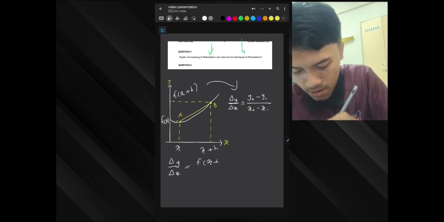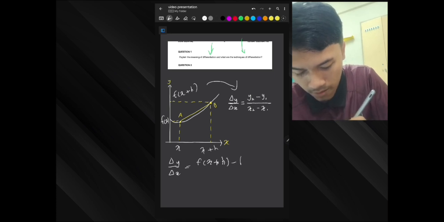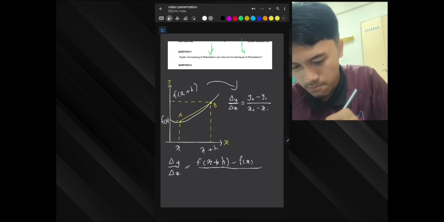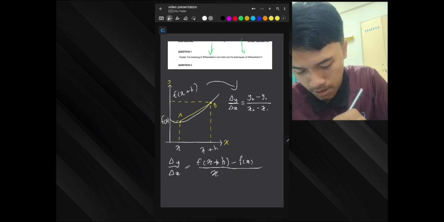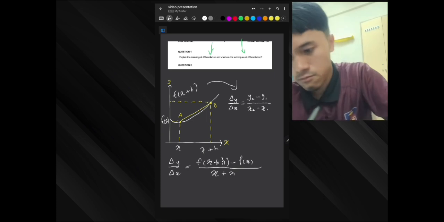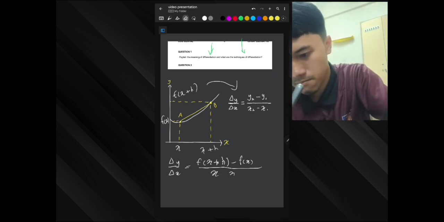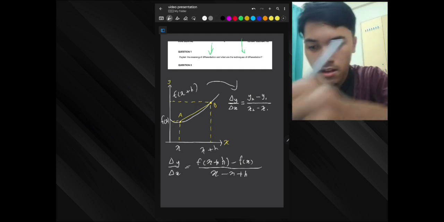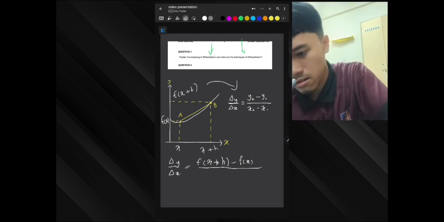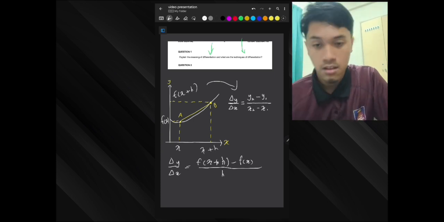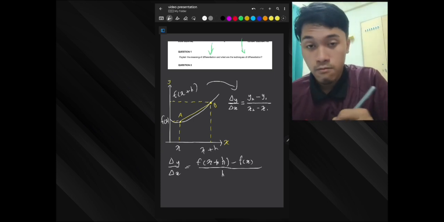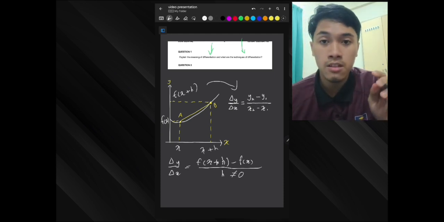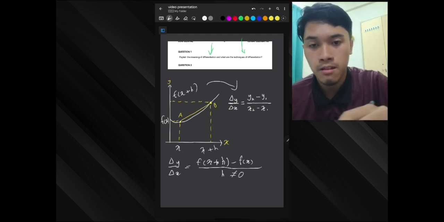f(x plus h) minus f(x), over x plus h minus x. Oops, my bad. Which will become like this. However, we must know that h cannot be 0, since we cannot divide by 0, since it will be inadequate.